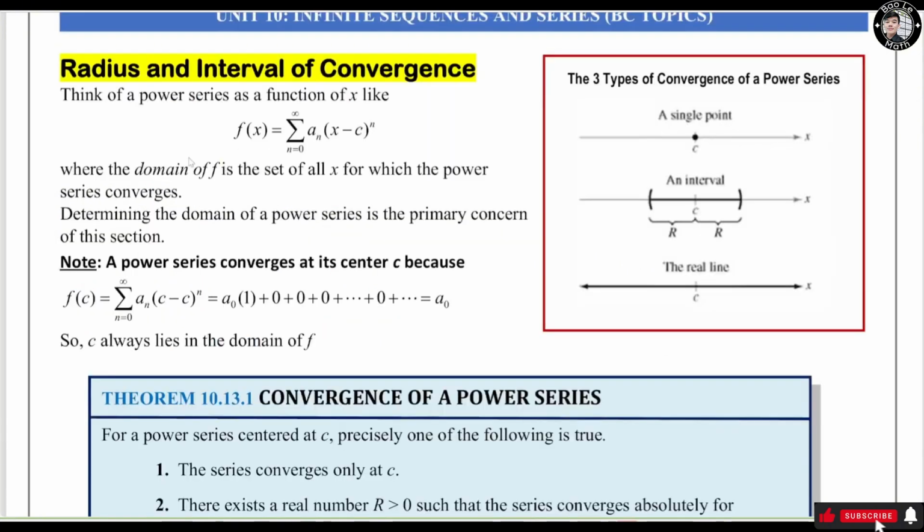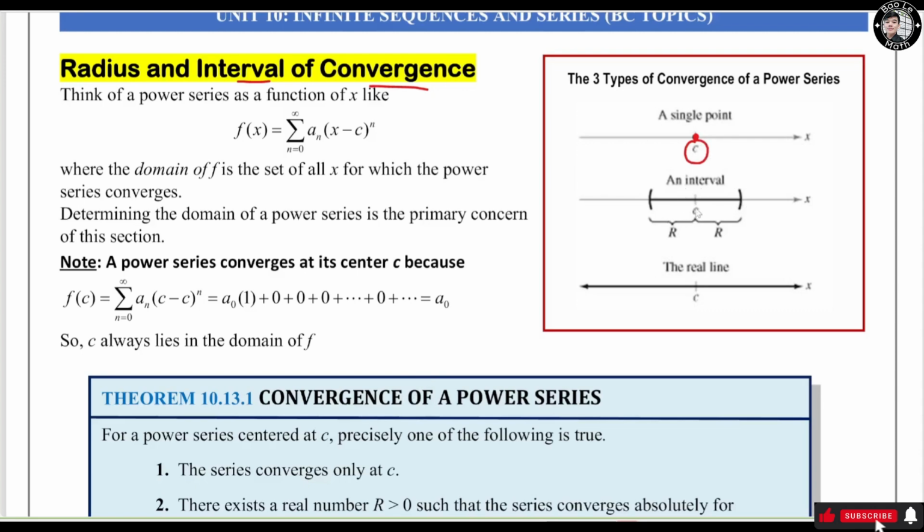Now we're going to talk about the radius and interval of convergence. There are three types of convergence of a power series. The first one, the power series converges at a single point, and that's called the center. The second one, the power series converges on an interval.